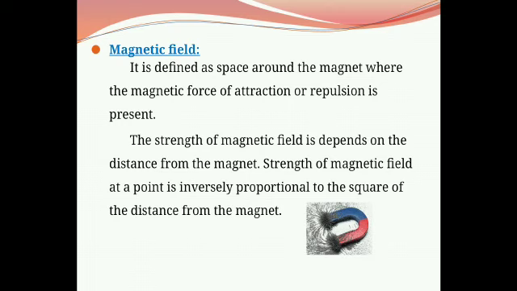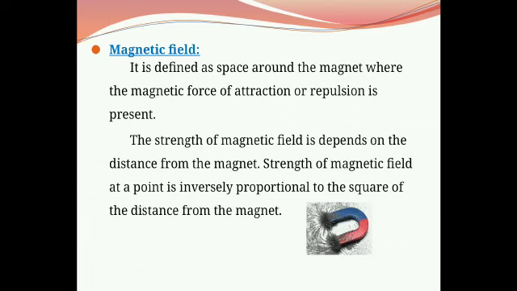Then what is magnetic field? In the last video, we learned about electric field. The definition of electric field is the space around an electric charge where force of attraction or force of repulsion is present.